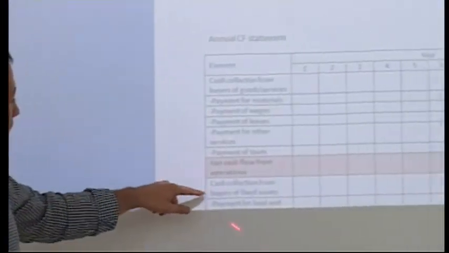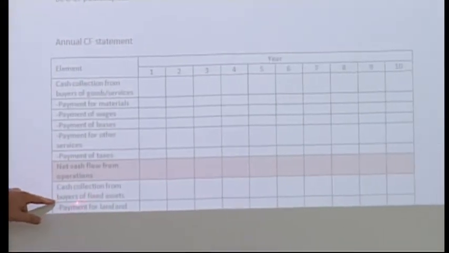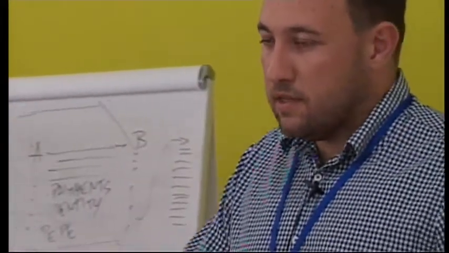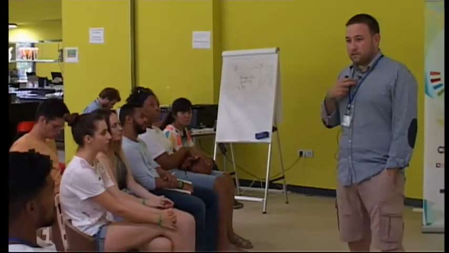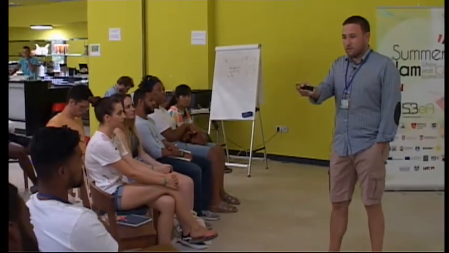Investing cash inflows and outflows. Cash collection from buyers of fixed assets. For example, if you sell your land, is that inflows or outflows? If I send the land to you, it's inflows.